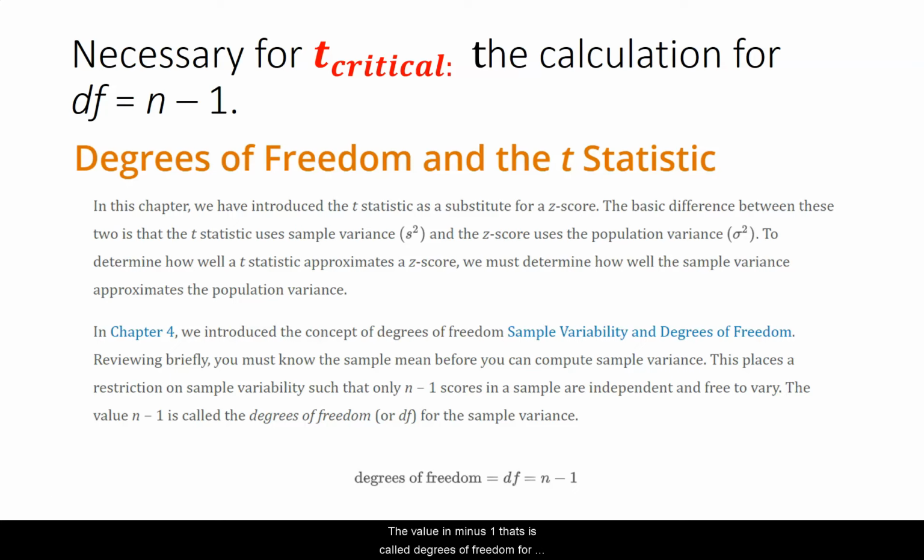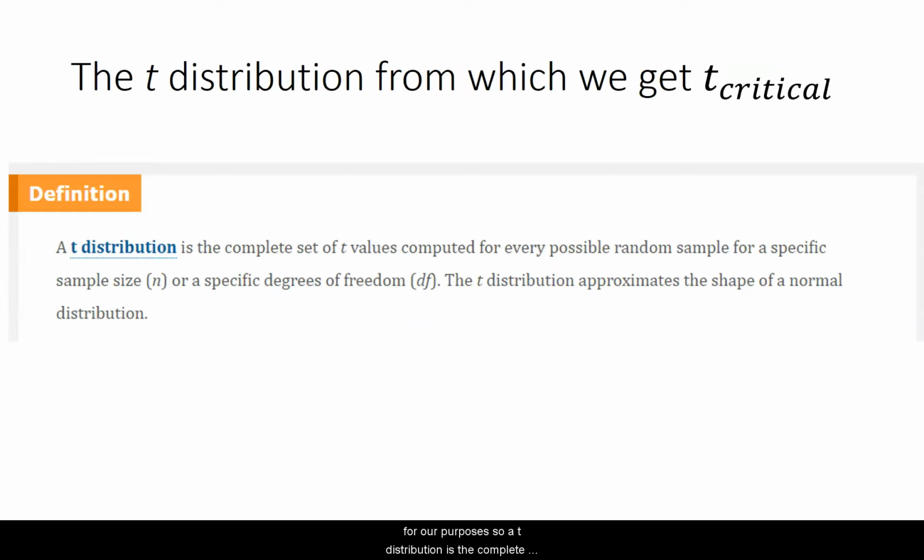The value n-1 thus is called degrees of freedom for the sample variance. For our purposes, I'm merely going to have you calculate the degrees of freedom as n-1 in a problem, because that'll be necessary to interpret the tables that supply the critical values of t, as we'll see. So if we had 16 participants or 16 mice or 16 pigeons, the degrees of freedom will be 15, 16 minus 1. That's most important for our purposes.